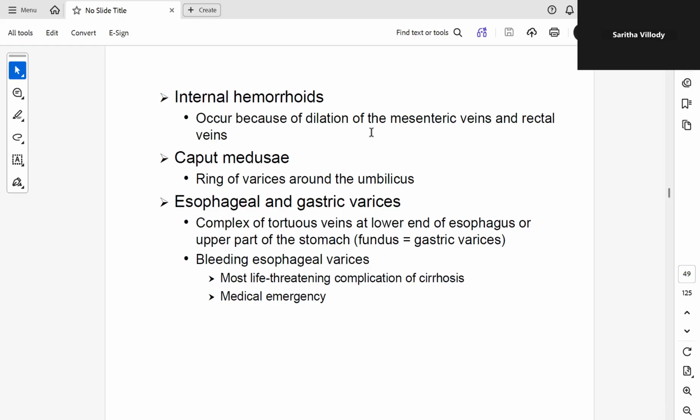So these are the signs and symptoms, and esophageal or gastric varices are a medical emergency if they bleed out. So that's what you're closely monitoring your patient for who have cirrhosis, because they could bleed out anytime and that becomes a medical emergency.